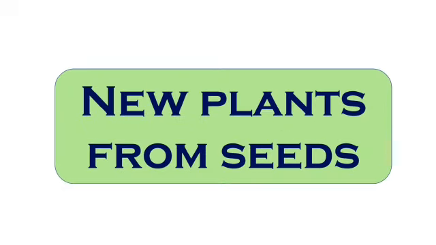Now, new plants from seeds. So first of all, why does a plant produce so many seeds? They do so because most plants grow from seeds. They contain everything necessary for the growth and development of a new plant.